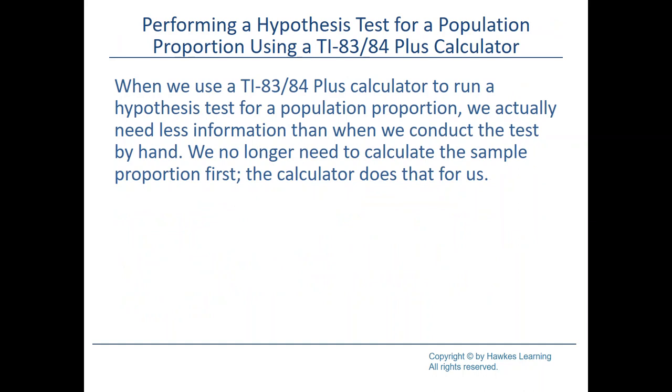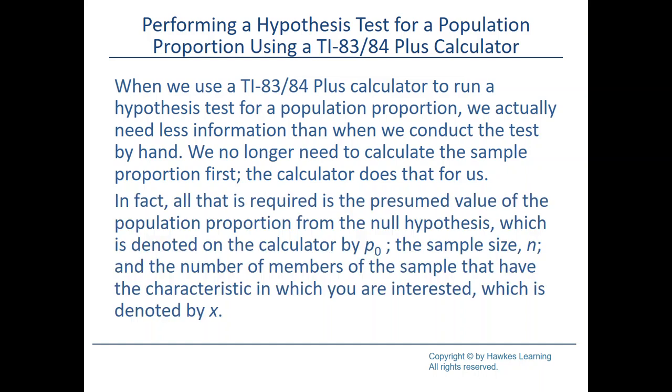Do understand that the calculator is going to be a great way to run it, and the calculator is going to be quicker. Okay. You actually need less information to run it in the calculator, and there's not that crazy formula like if you do it by hand. If you do this in the calculator, you no longer need to calculate the sample proportion first, so you don't have to worry about p-hat because the calculator does it for you.